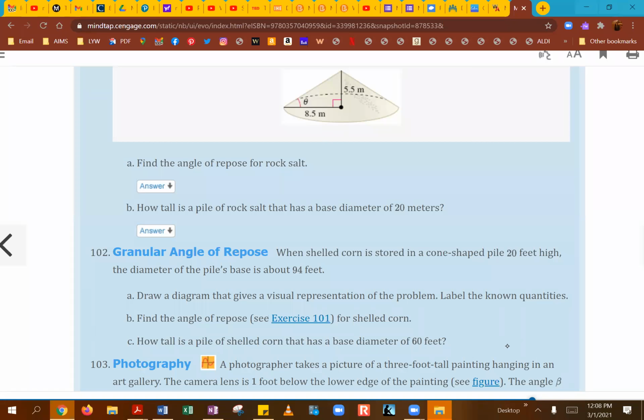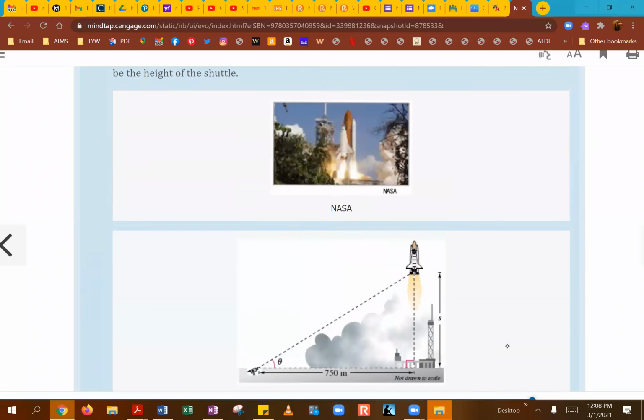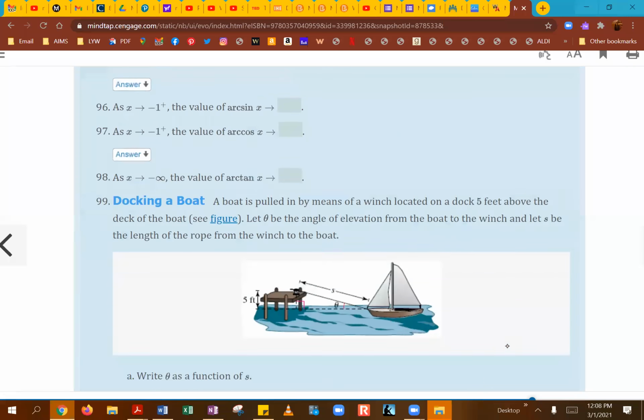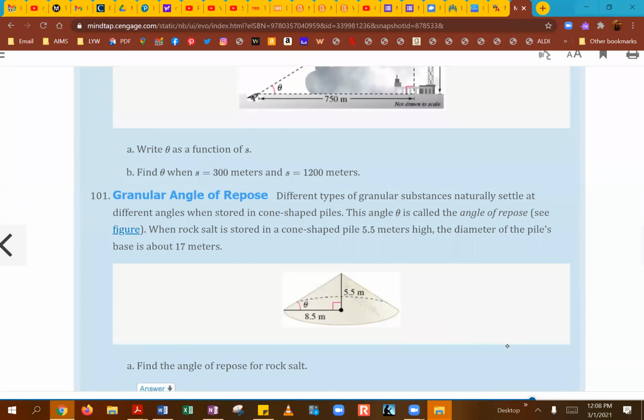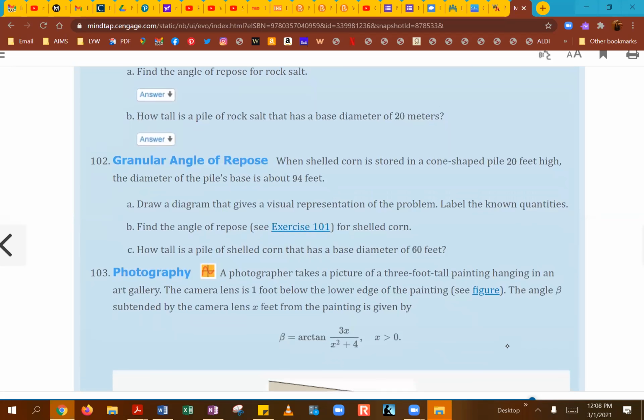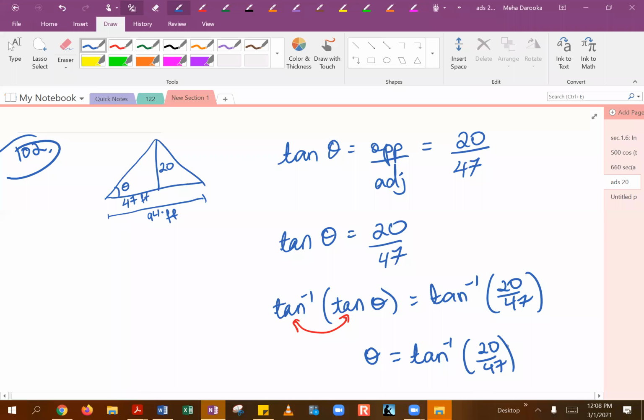Let's see if they want us to leave it as an exact answer. We don't really have instructions on whether they want a decimal answer, but let's put it in decimal form. So what do you think your angle of repose will come out to be for this example? We'll just round it to 2 decimal places.